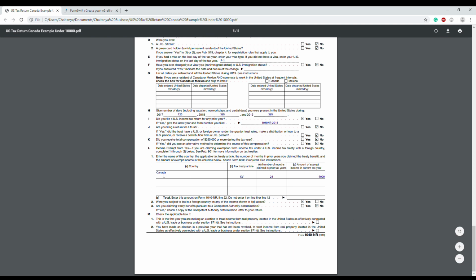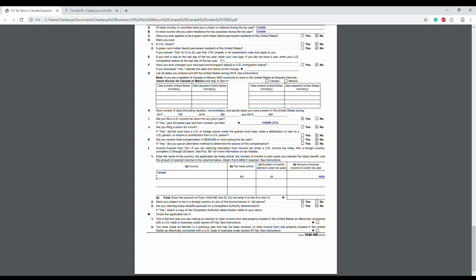And then we go to this part, which we have to state the tax treaty that we applied onto our income tax. So here we say the country is Canada, and the tax treaty article is number 15, but we have to state it as a Roman numeral, so we say XV here. Then it asks number of months claimed in prior tax years. So this person filed this 1040NR tax for 2017 and 2018.